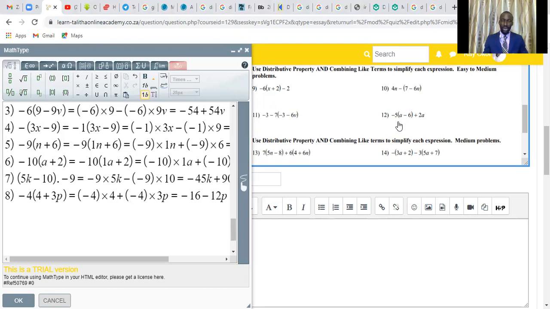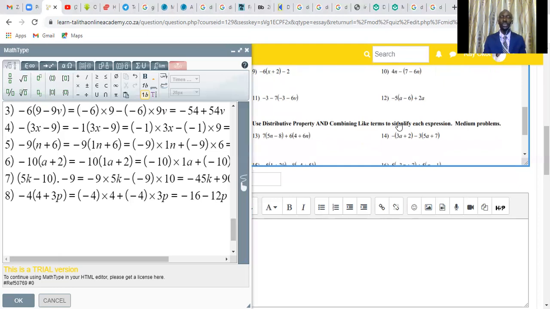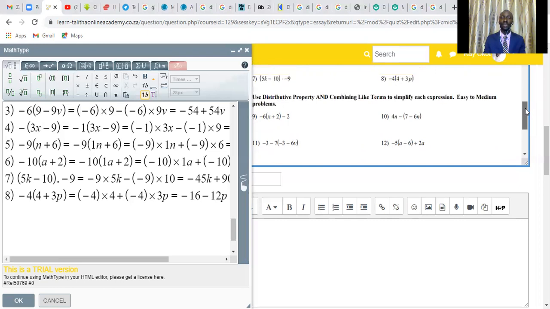We are no longer only looking at expansion or simply distribution. We are also looking at simplifying the additional components that we are going to find inside the expression. That then means where there is need, you add. Where there is need, you subtract. So this is going to be activity 2. Let's have activity 2 right away.